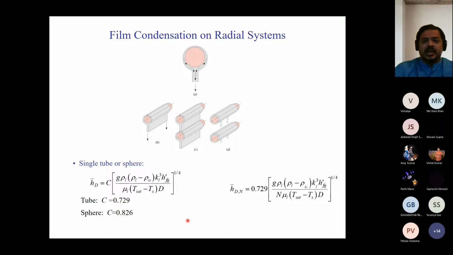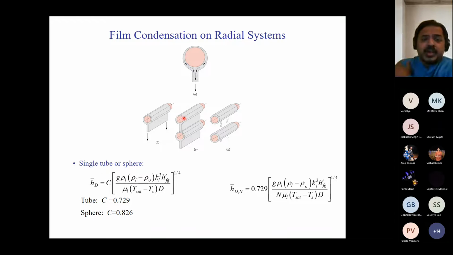Now, many times just a single tube may not be enough, and you have a bank of tubes. For example, a shell and tube heat exchanger, let us say it's a condenser. There is phase change happening, so the vapor is going to condense over a bank of such tubes.